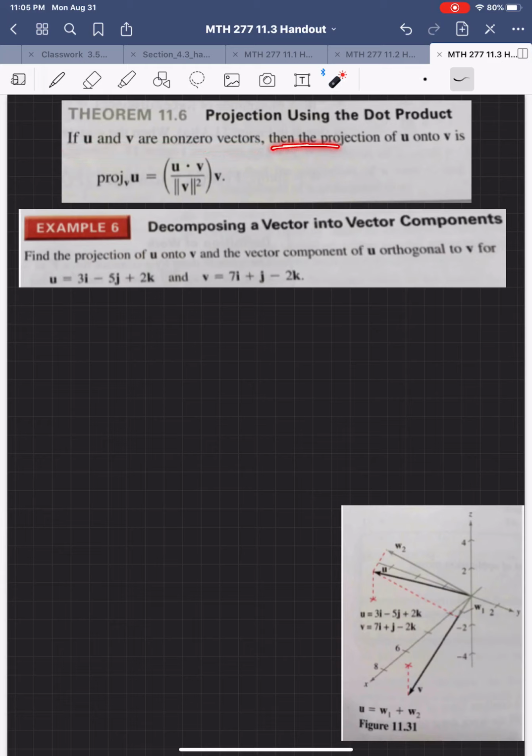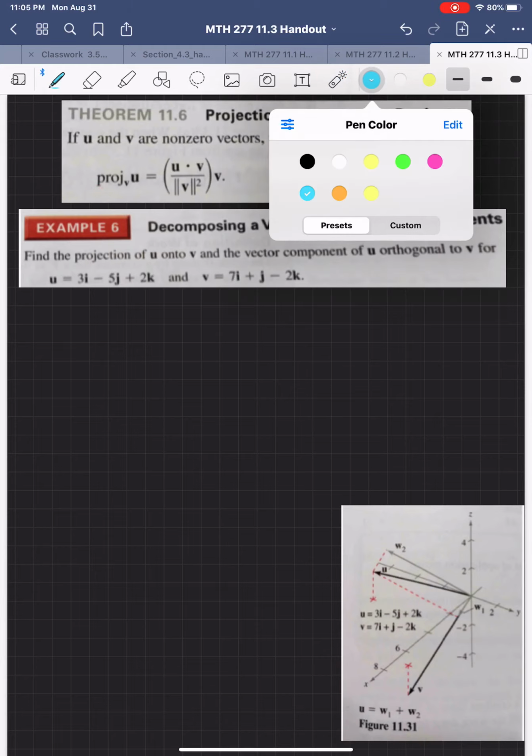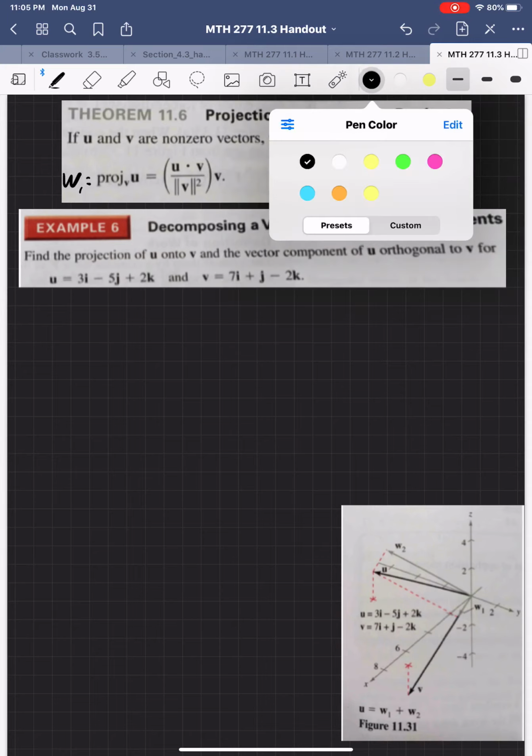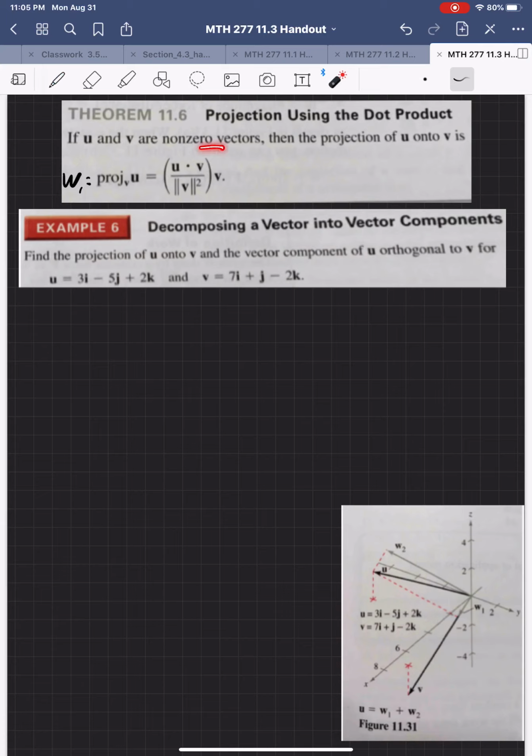Then the projection of u onto v, in other words w sub 1, is you can reach the projection of u onto v by taking the dot product of u and v divided by the magnitude of v squared, multiplied by the vector v itself. And I offer this to you without proof. If you are interested in the proof, then just come see me during office hours and I will show you.